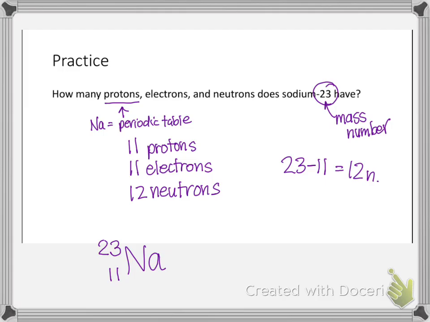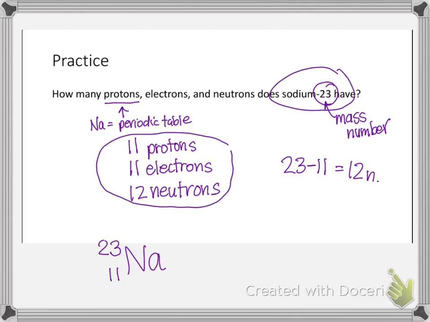Now, again, one thing I ask you to do in this chapter is be able to navigate between the name, like the sodium-23, the different number of subatomic particles, and the isotope notation. So given any piece of this, you should be able to navigate between those three pieces of information.